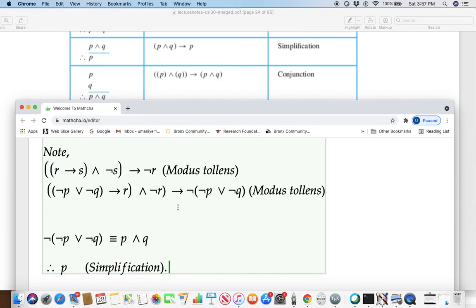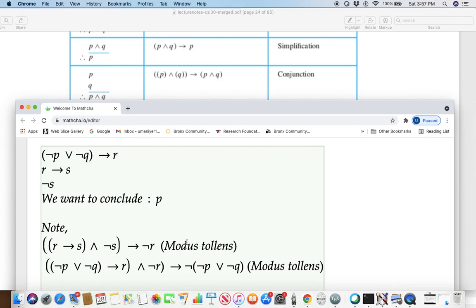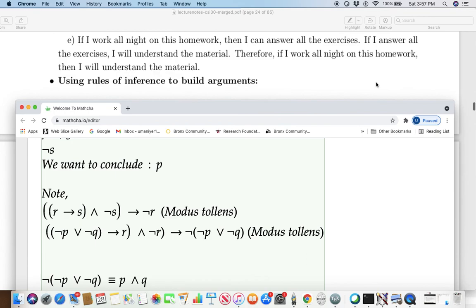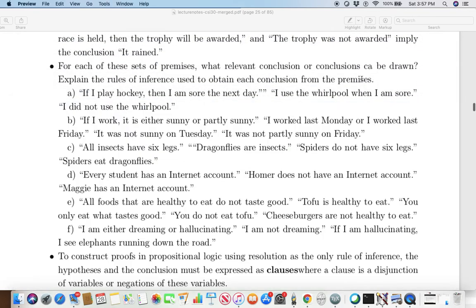So that's what we have used. Two levels of modus tollens and then a simplification to give us the conclusion P. All right. We'll continue the rest of the section in our next video.